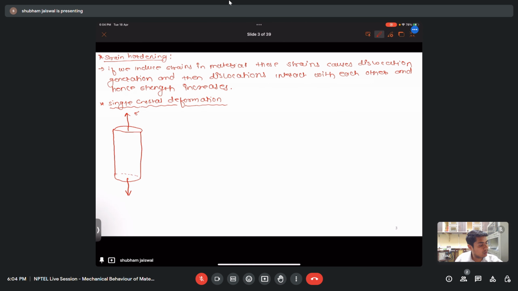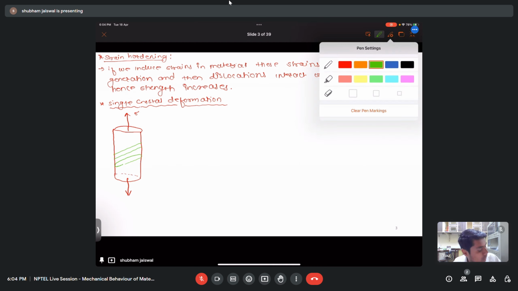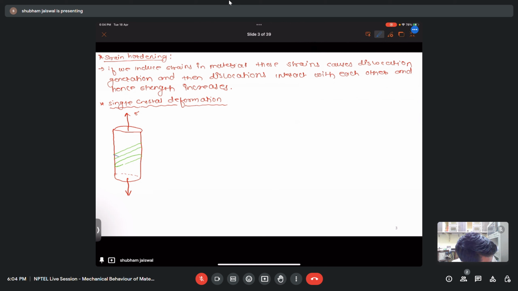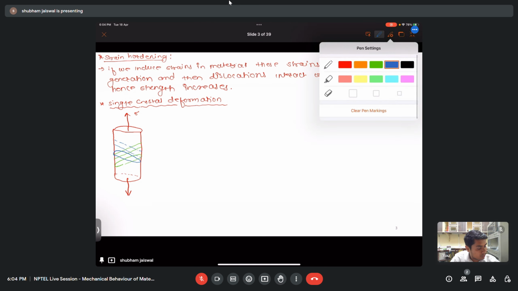Inside this single crystal there are several slip systems and several planes. This is one plane, and parallel to this there are many planes. Let's say this is a second plane, and parallel to this some more planes are there. So what will happen in this case?